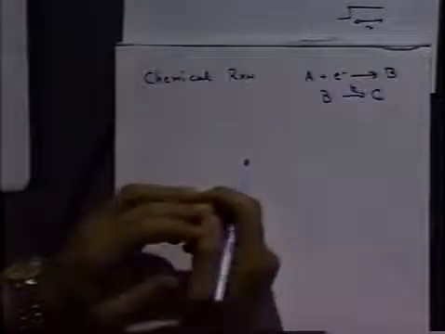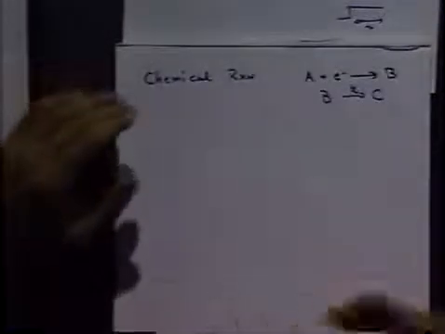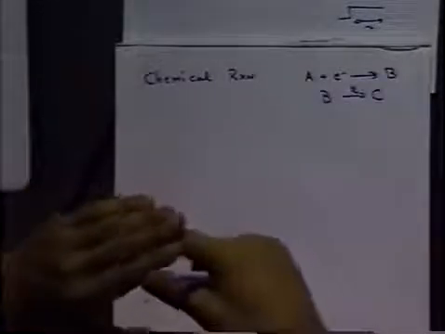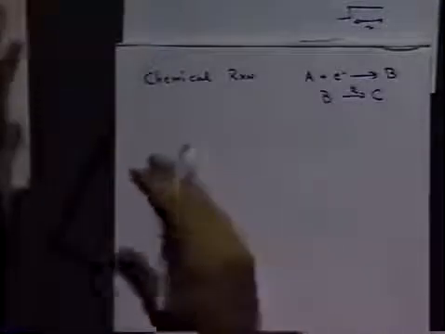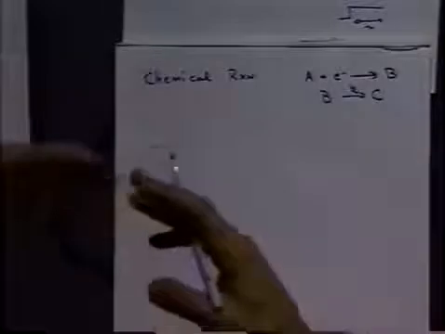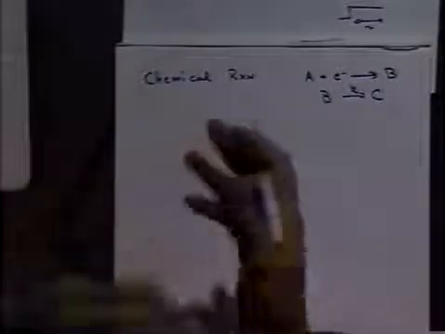Let's assume it's not electroactive. As soon as we start making B, it gets chewed up by the chemical reaction to form C. Depending on the rate constant, if it's a very large rate constant, that reaction will be very rapid. If it's a small rate constant, it's going to be less rapid.